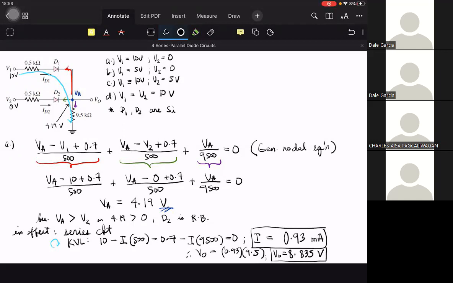All right. So this is a good example to practice on. I hope ma-try ninyo solve si B, C, ug D. I-assignment lang na sa inyo. Okay? Pero bitaw, any questions? Was it clear?